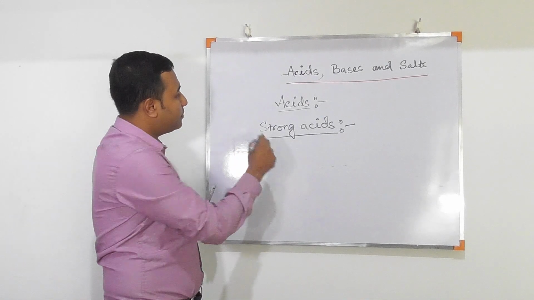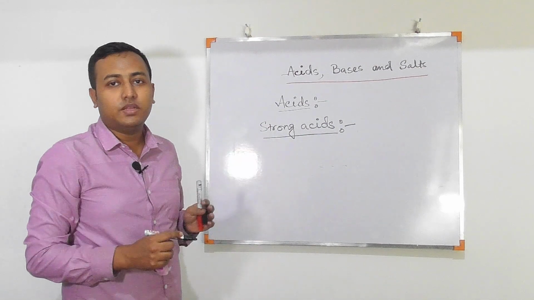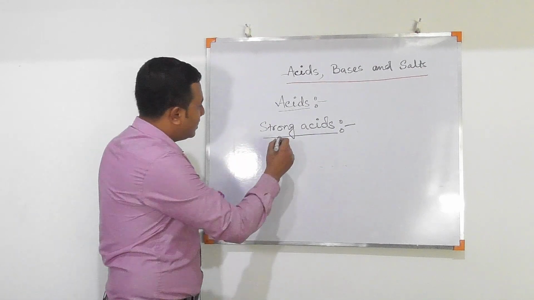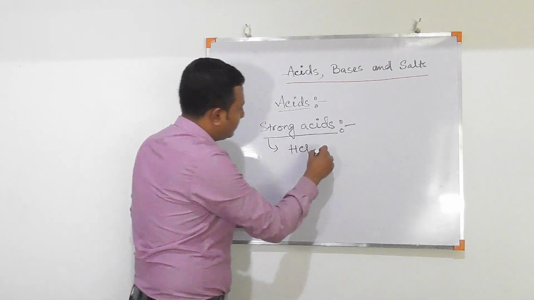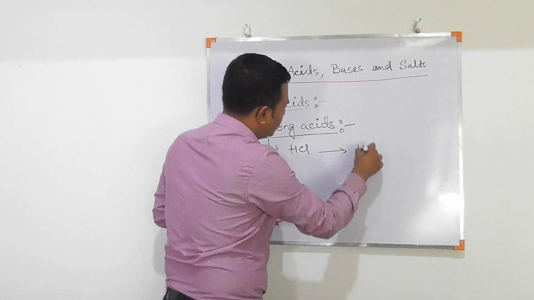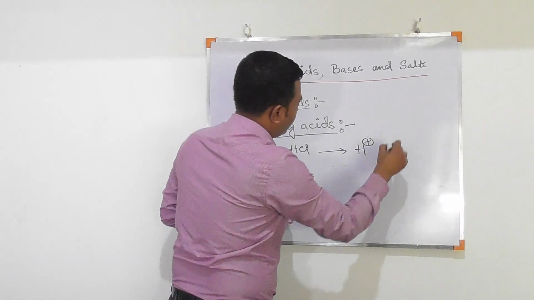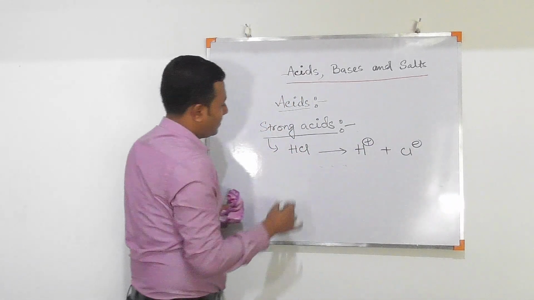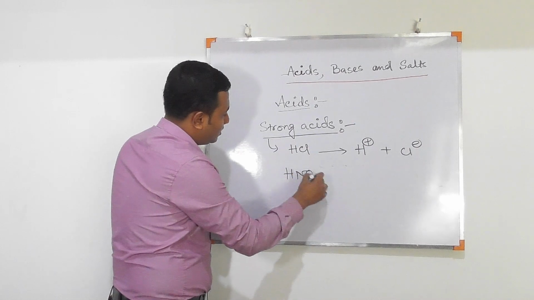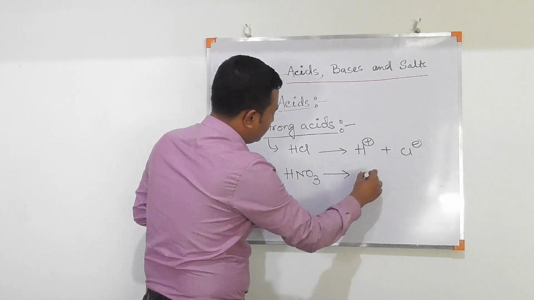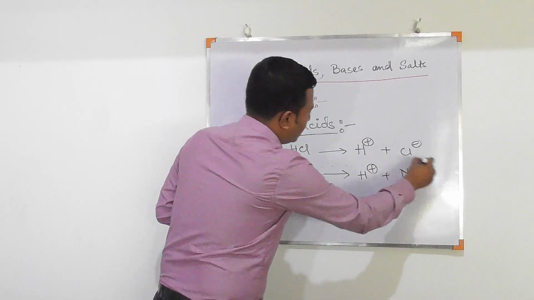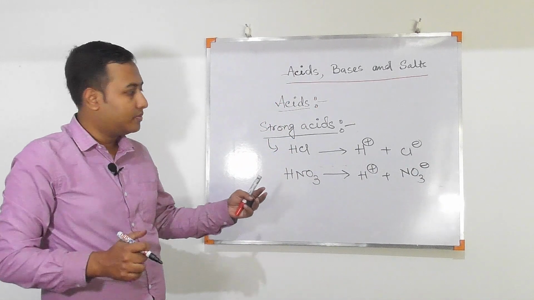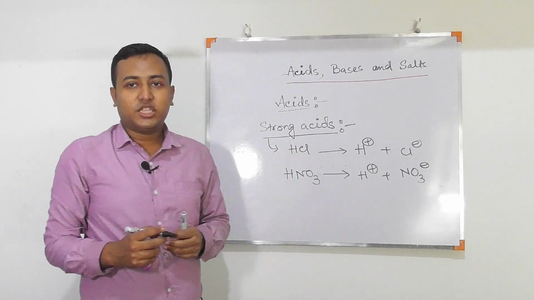That means 100% dissociation takes place in case of strong acids. Examples are the mineral acids like HCl, which can fully dissociate into H plus and Cl minus, and HNO3. These are very strong acids because they can be dissociated into the corresponding ions to give H plus.